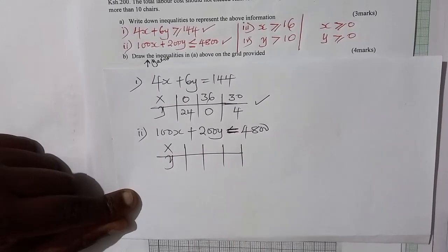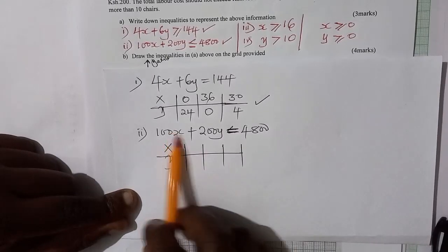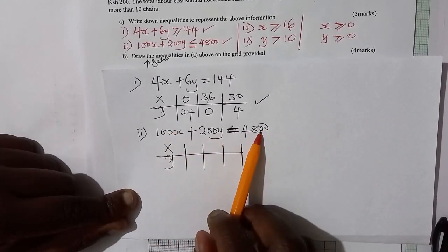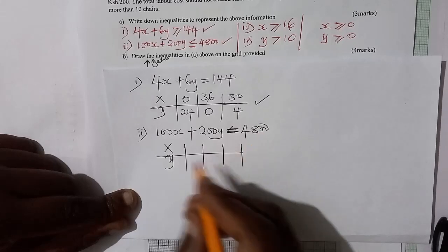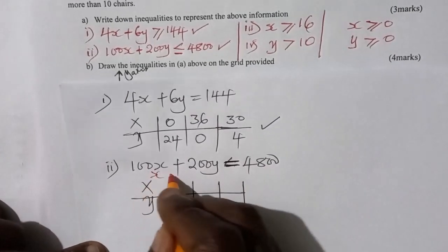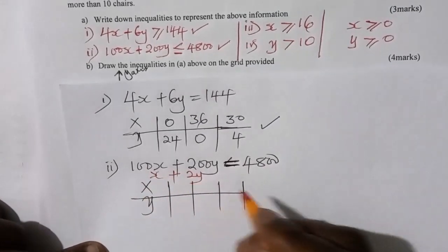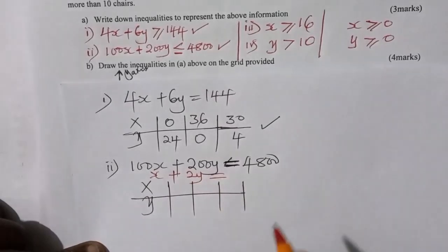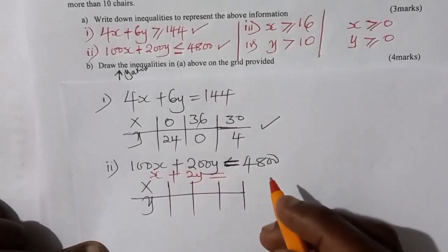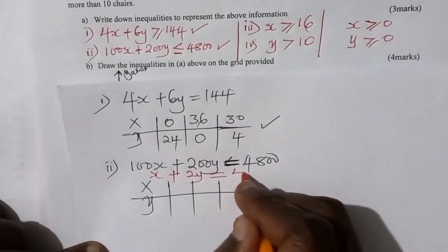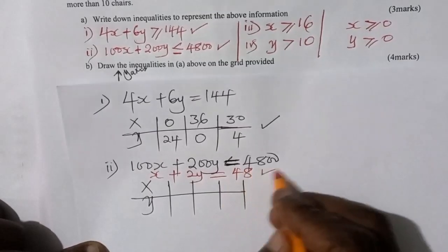But we can simplify this equation by dividing all through by 100. Divide everything by 100, you get x plus 2y is equal to 48. This will be easier to work with.